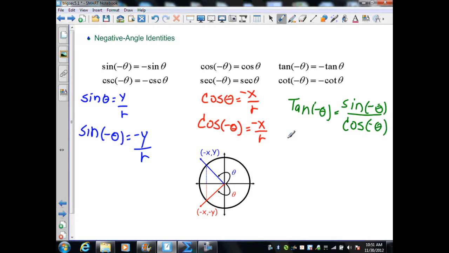Now I can simplify that further. Tangent negative theta is equal to, well, I know that sine negative theta is negative sine theta. And I know that cosine negative theta is just cosine theta.